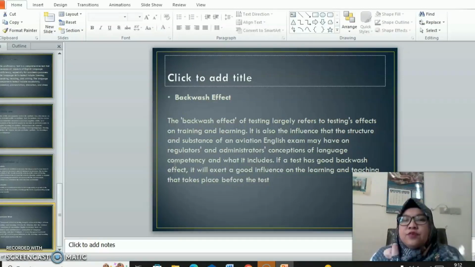It is also the influence that the structure and substance of an aviation English exam may have on regulators and administrators' conceptions of language competency and what it includes. If a test has good backwash effect, it will exert a good influence on the learning and teaching that takes place before the test.